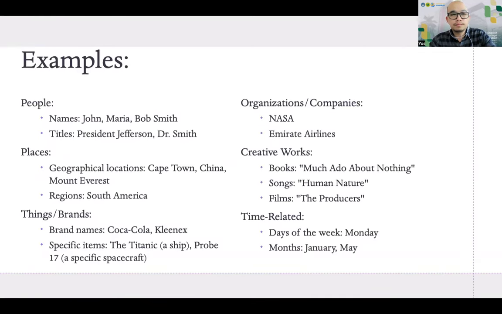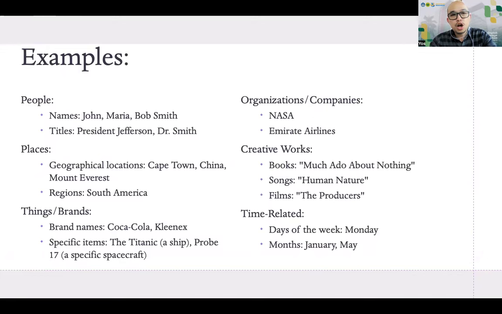For example, we have John, Maria, Bob Smith, to refer to a specific person, or titles like President Jefferson, Dr. Smith, to refer to specific people.